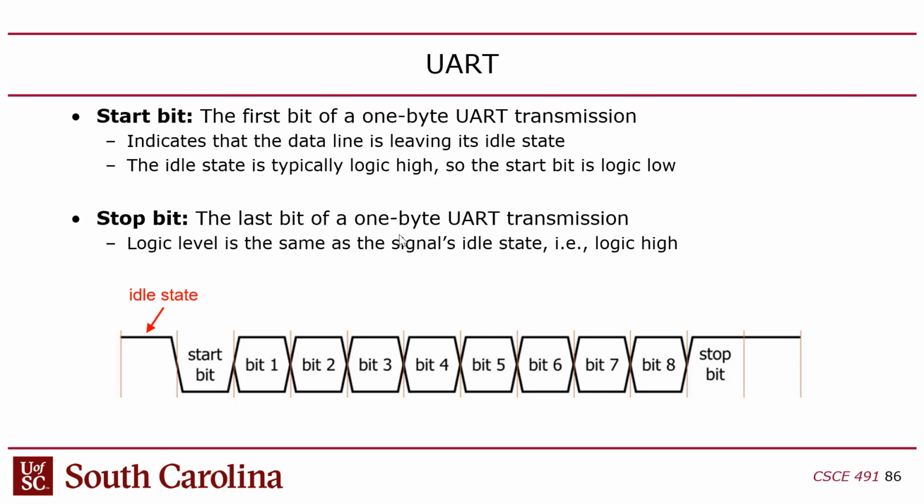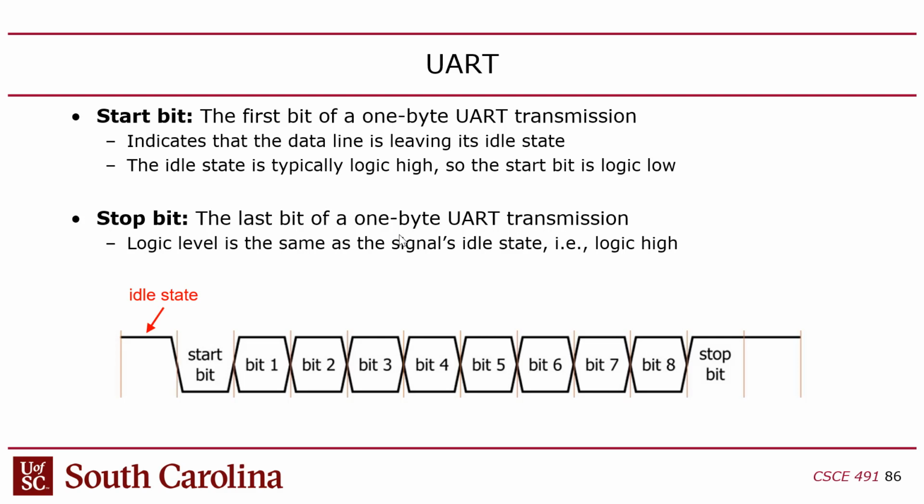Okay, so after the start bit, you put 8 bits in, or however many bits you specified as the number of data bits. It's usually 8. And then there's a stop bit, which is 1 bit time of logic 1. The stop bit is literally just to separate consecutive characters.